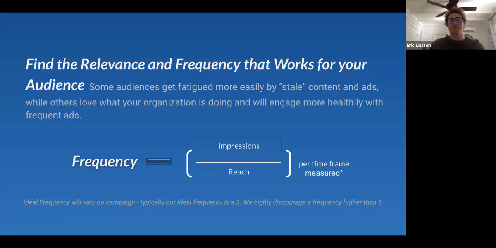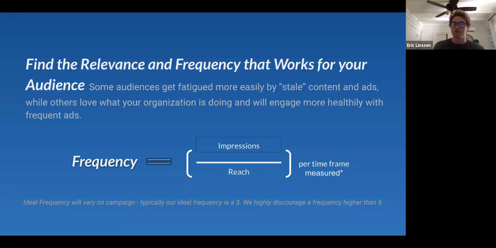And we've seen this changing recently, where we used to have a cap on frequency where we don't want to show someone our ads with a frequency over 6. So having them seeing an ad more than 6 times in the time frame measured.